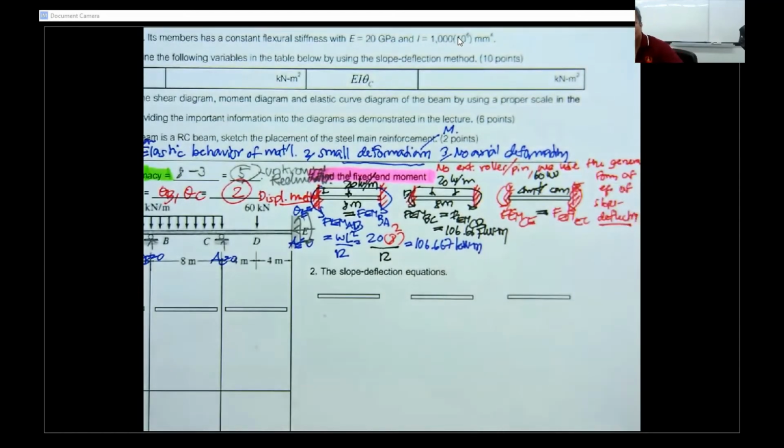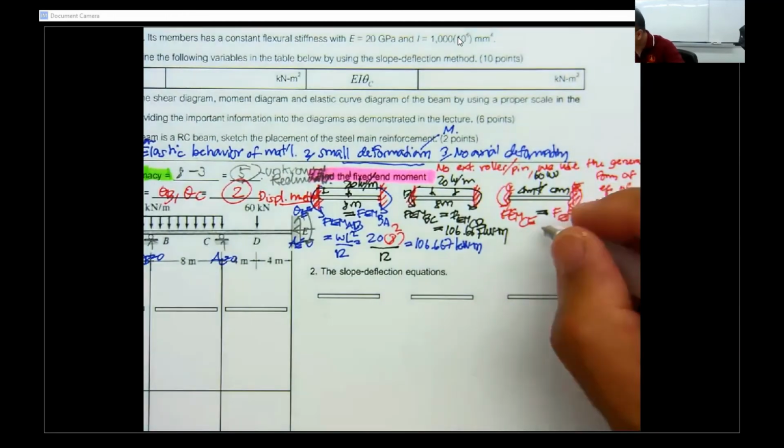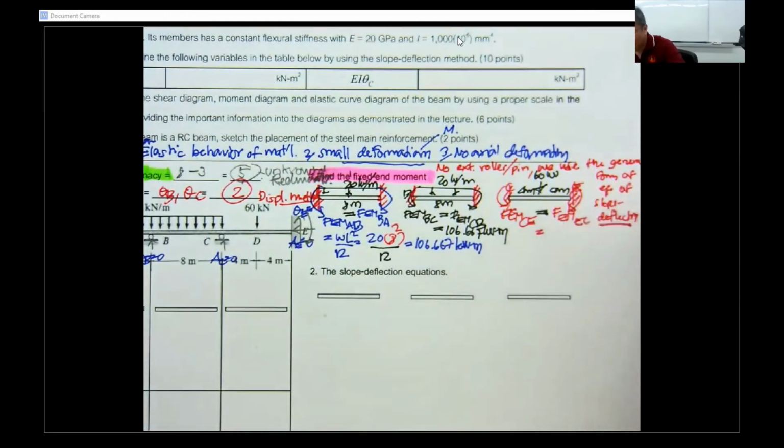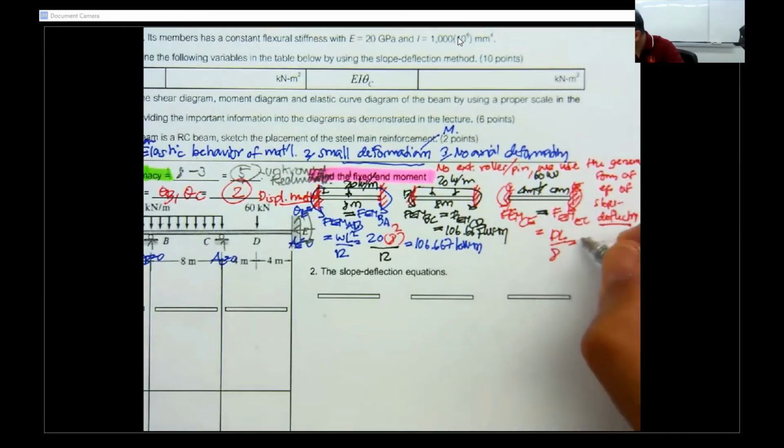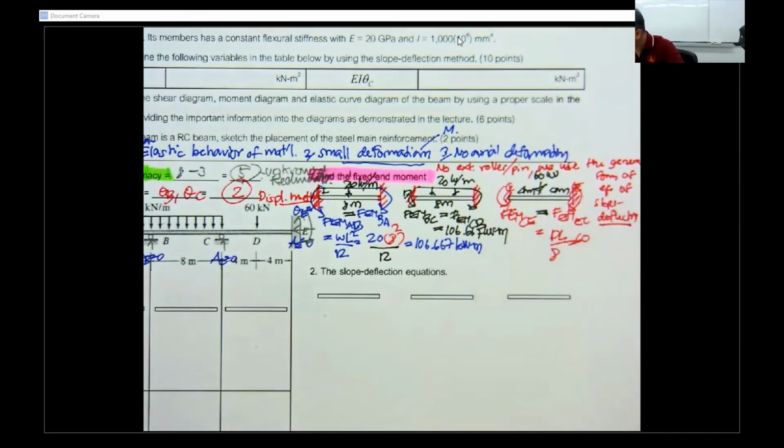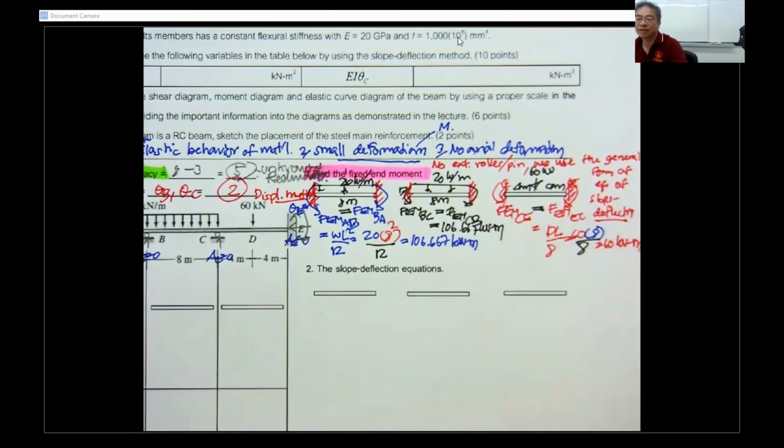They are the same. And the last one, if you open the table, is going to be PL over 8. P is 60 and L is 8, divided by 8. So the result is going to be 60 kilonewton meter for this.